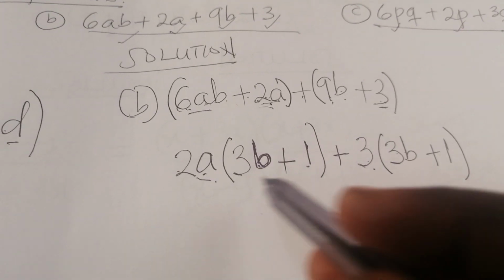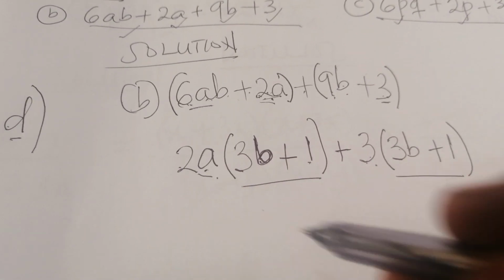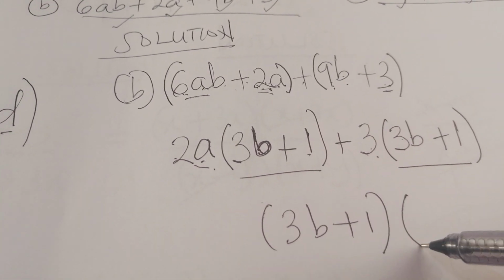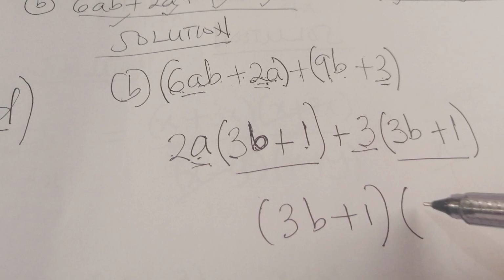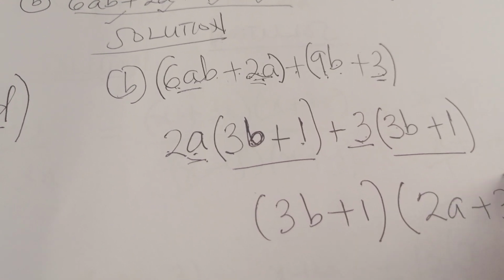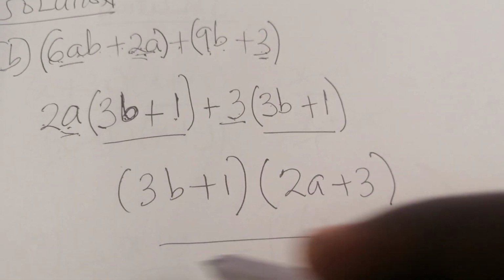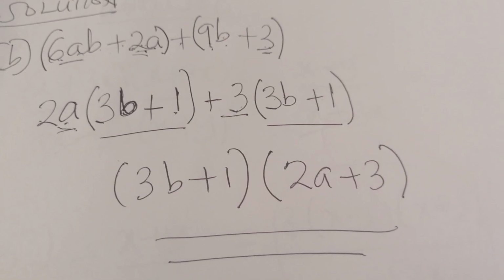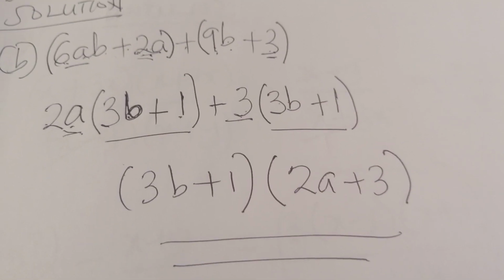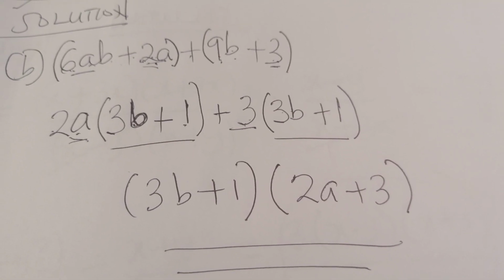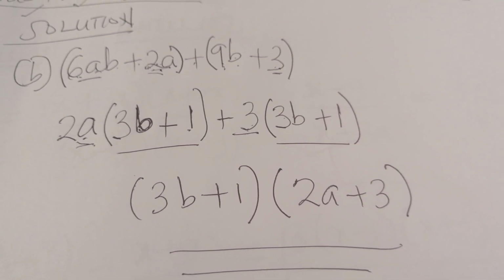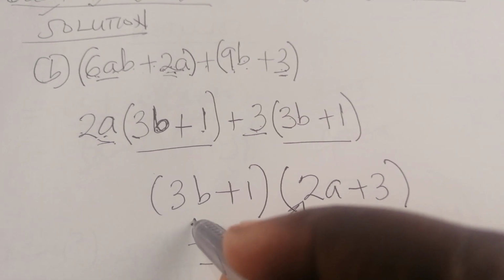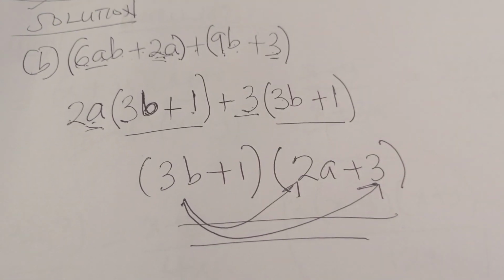So like with the first one, we can see that there are common terms here. That is 3B plus 1. So we write them out as our final answer. Then those outside, 2A plus 3 in another bracket. So our final answer now becomes 3B plus 1 in one bracket and 2A plus 3 also in another bracket. So you can cross-check your answer by multiplying each of the terms in the first bracket by everything in the second bracket.